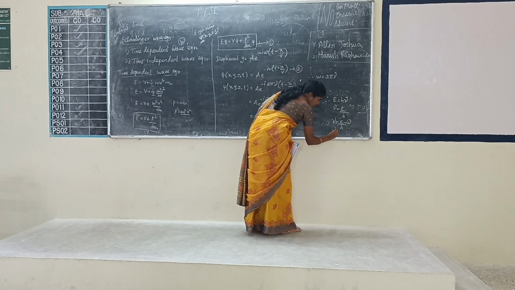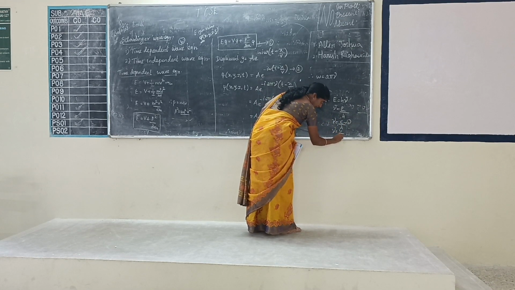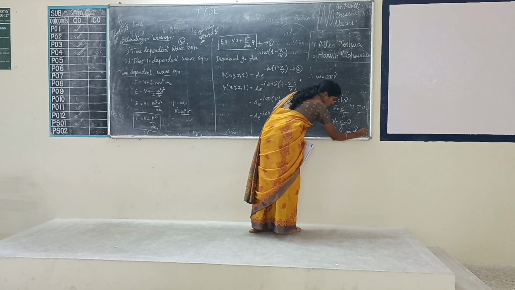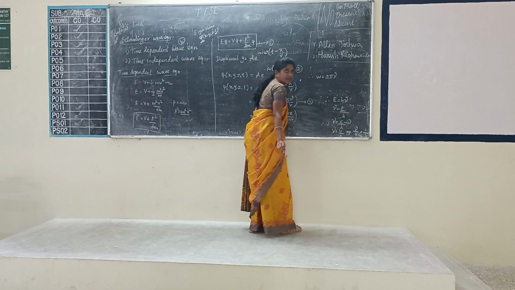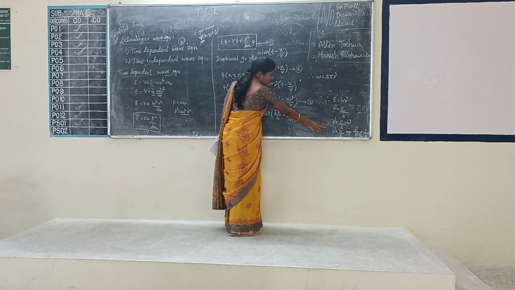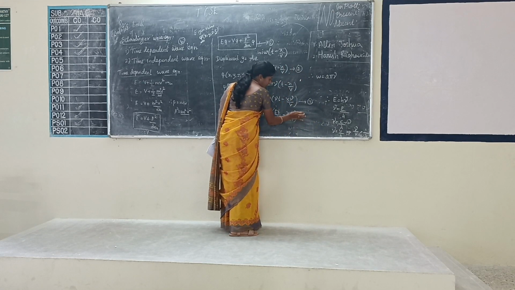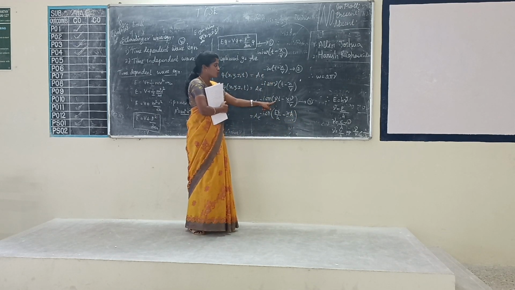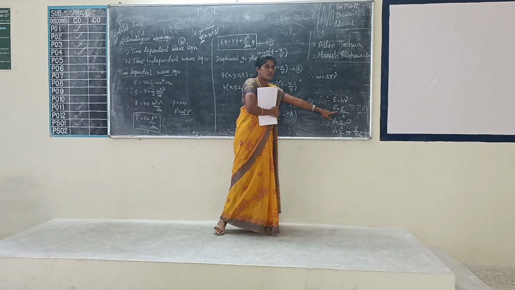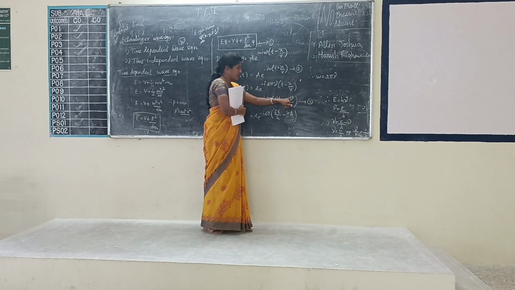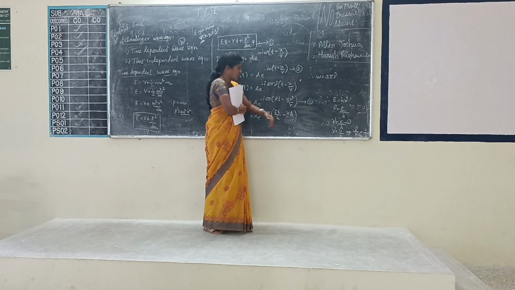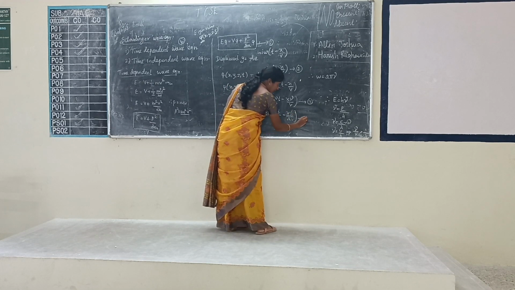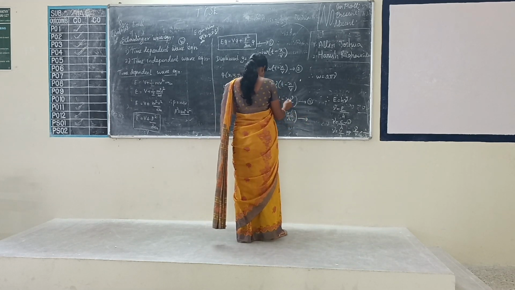So nu by v is equal to 1 divided by lambda. So here nu by v, what can we substitute? We can substitute lambda. Understood? So in the first term we substitute E equal to h nu, and in the second term we substitute nu by v which is equal to 1 by lambda, so x by lambda. This is equation number 4.